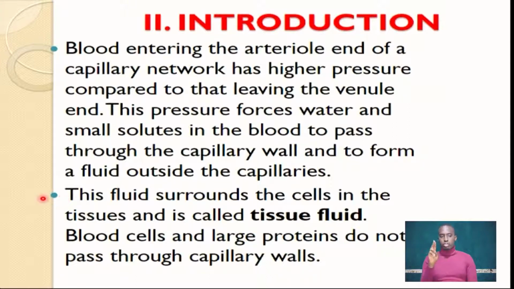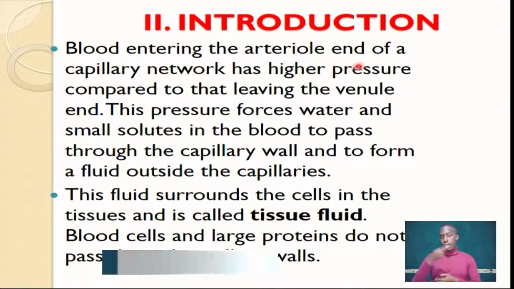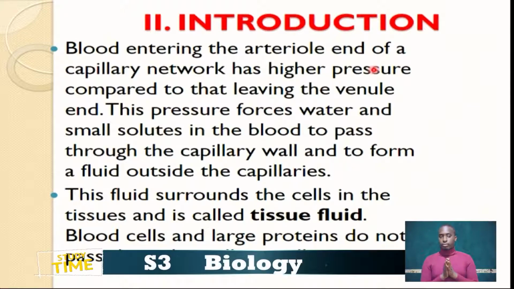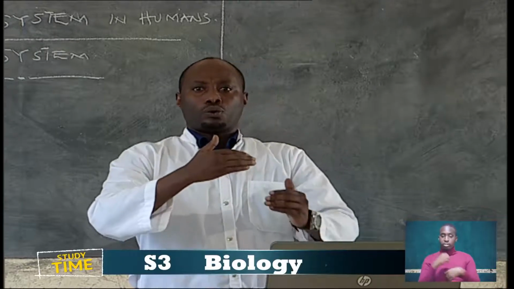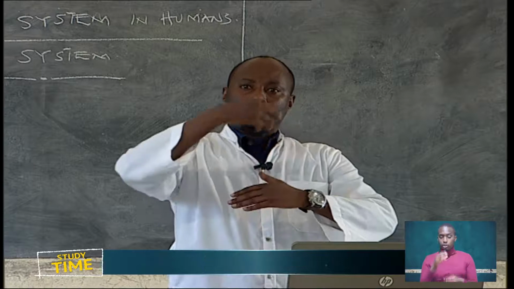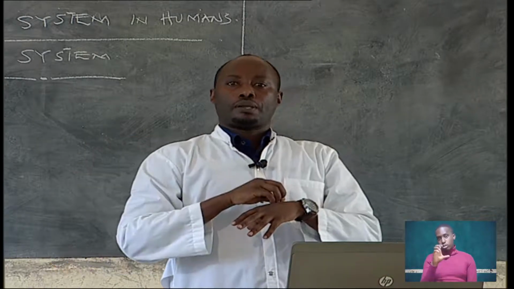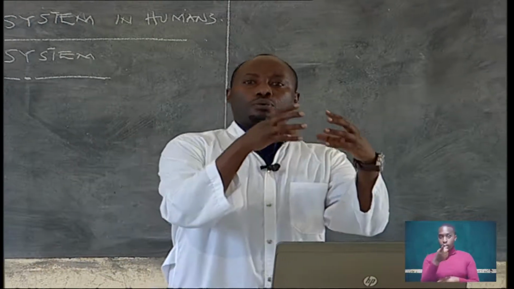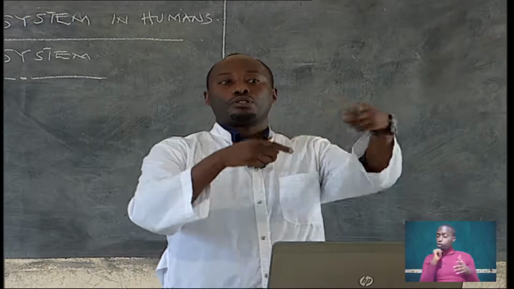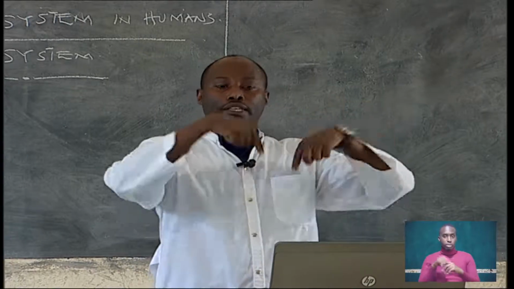So let's go through what I was talking about. The blood enters the arterial end of the capillary network and has higher pressure. That higher pressure forces small molecules to move through the capillary wall, and those with a large size will not move through. Instead, they will be retained inside the capillary.